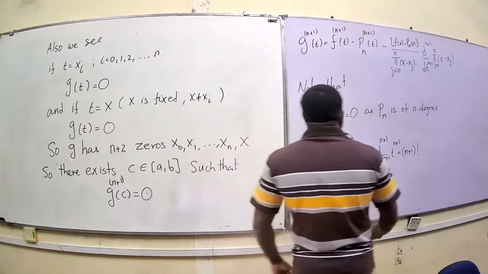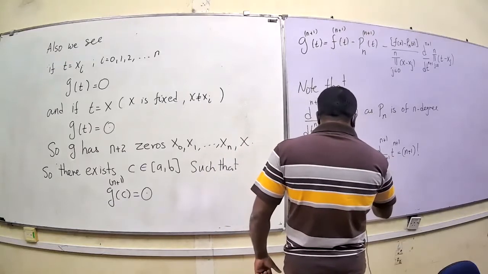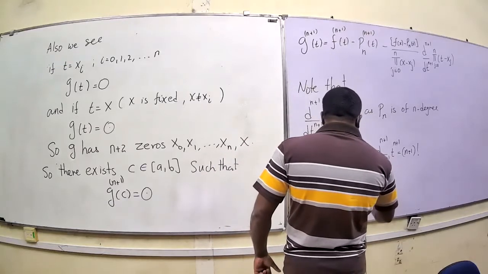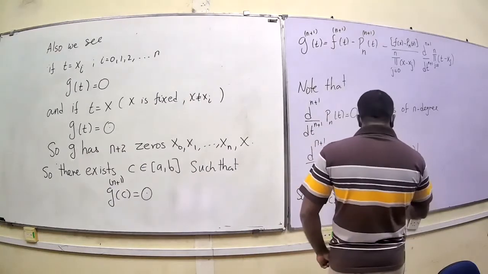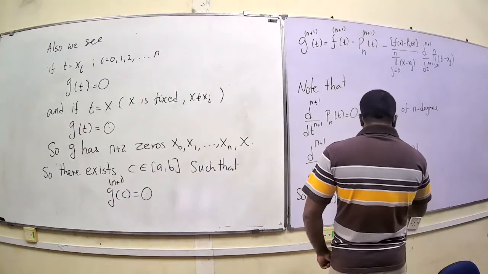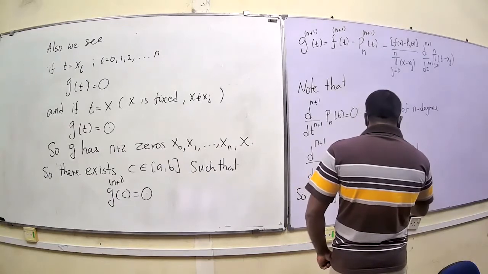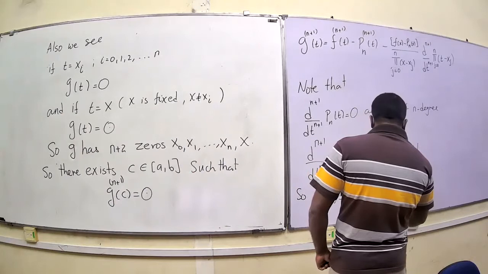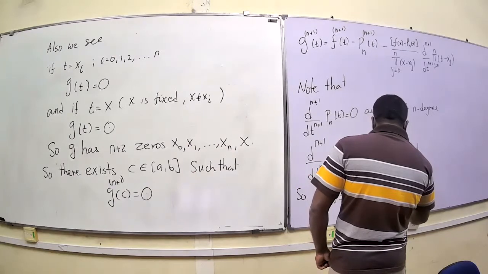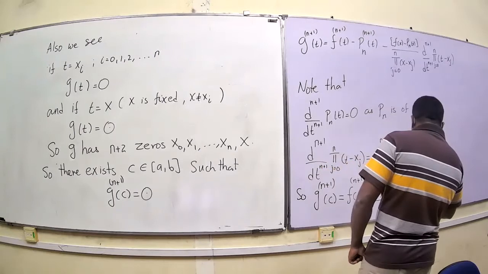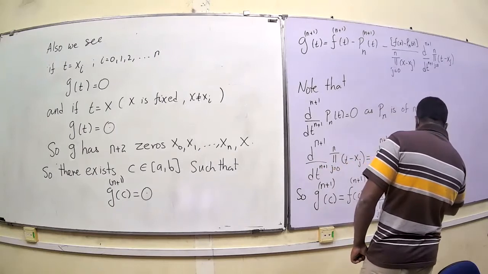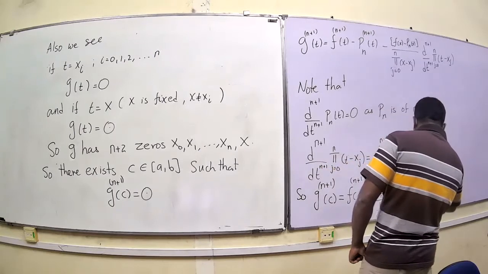So at c, the n plus 1 derivative of G is f's n plus 1 derivative at c minus n plus 1 factorial over the product over j from 0 to n of (x minus xj) times (f(x) minus Pn(x)).